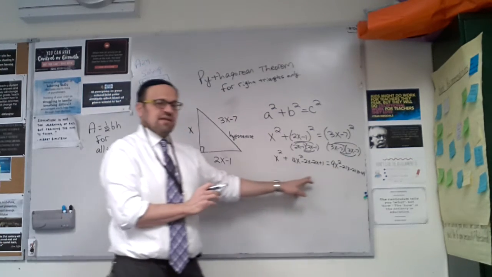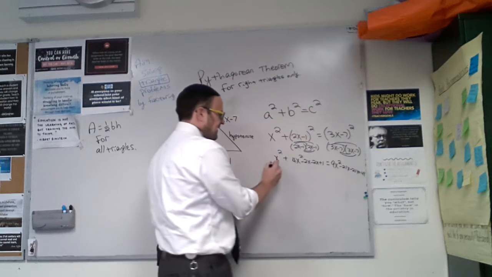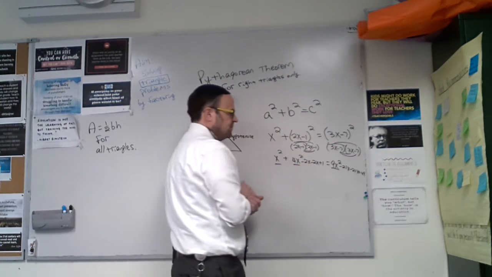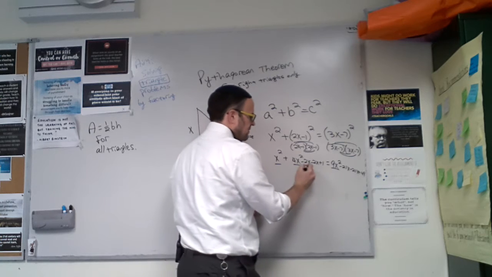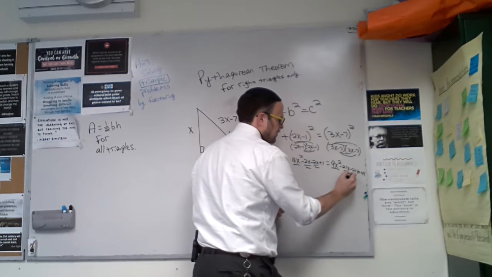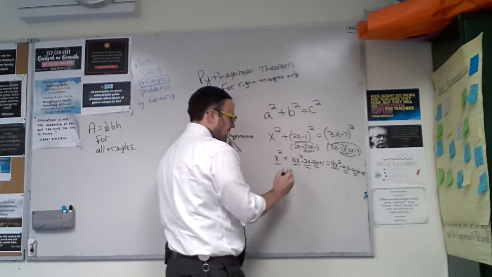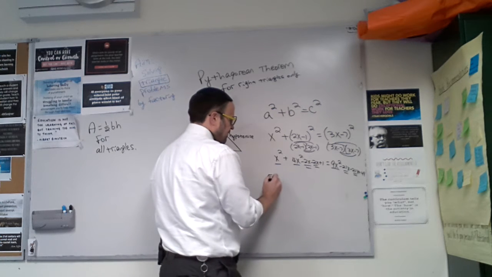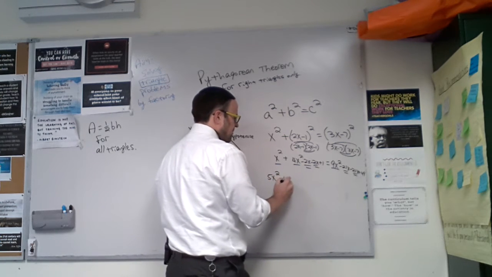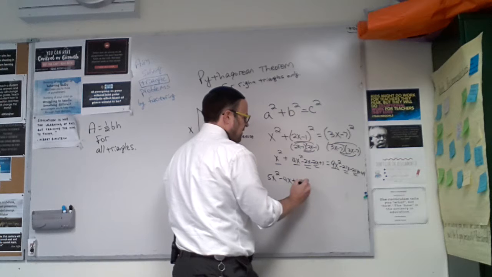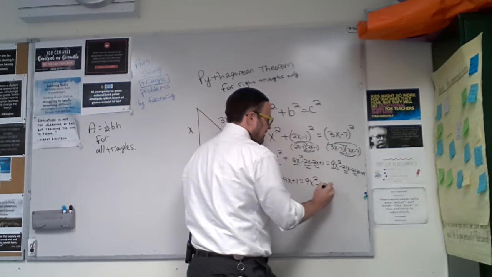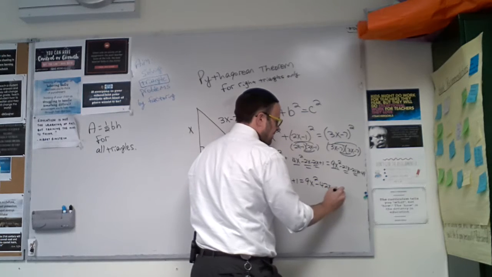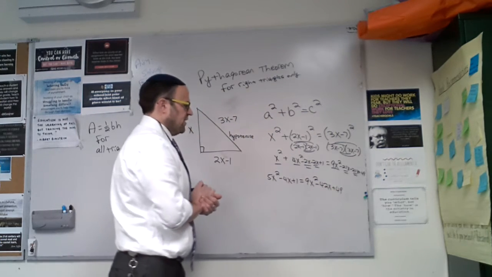We've seen stuff like this. We've seen that I can start combining like terms. And I have 5x squared minus 4x plus 1 equals 9x squared minus 42x plus 49.